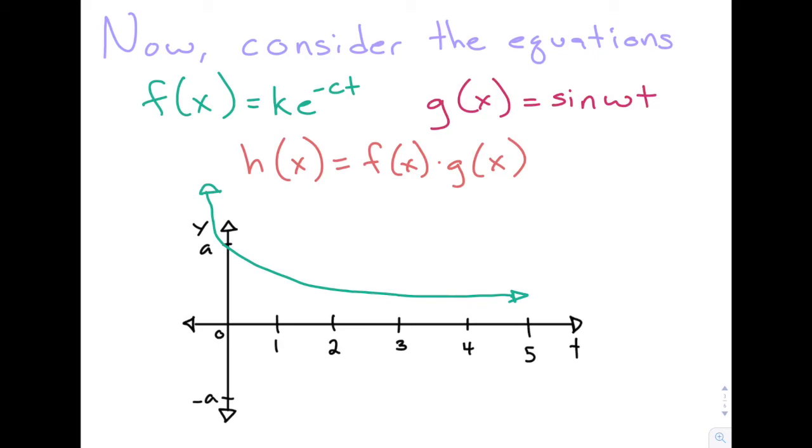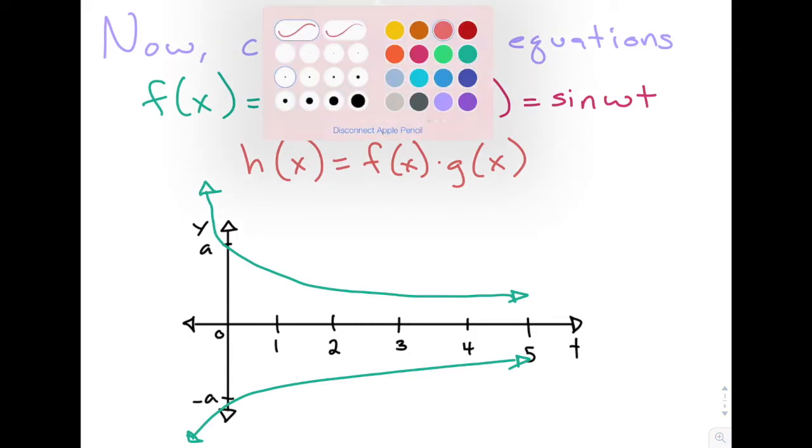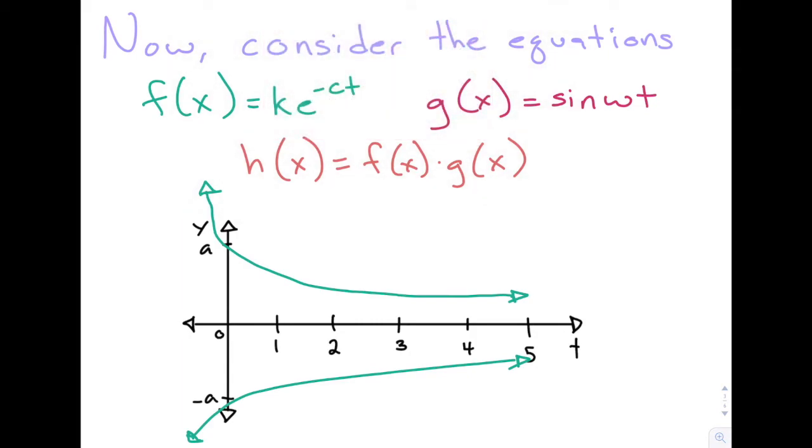We know that a base e with a negative exponent means that it's decaying. We have exponential decay instead of exponential growth. And then we'll draw our similar one like this. And now let's draw sine of omega t into this. We'll just say that we have a period of 2 like we did before. So that looks like this.